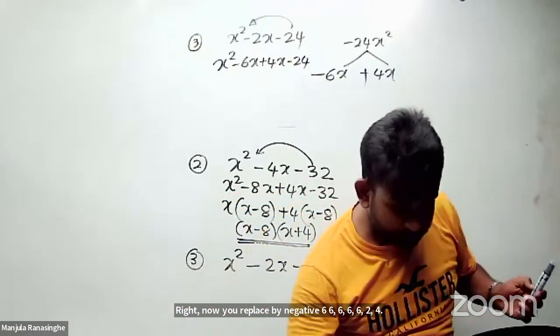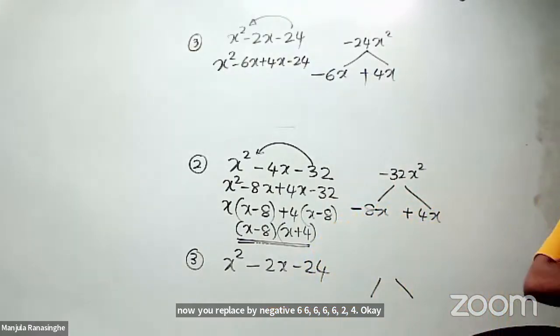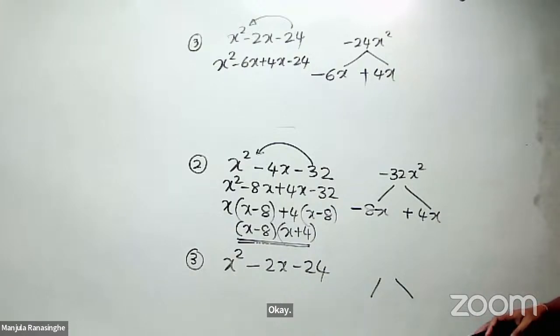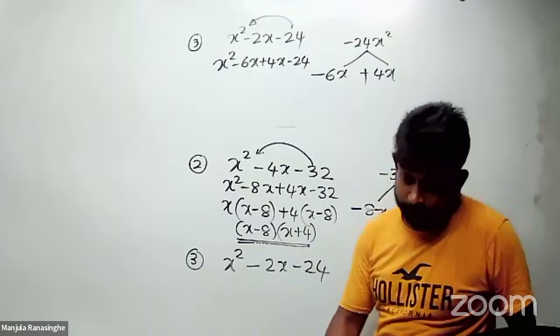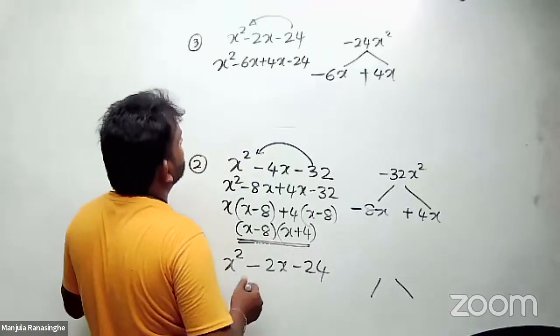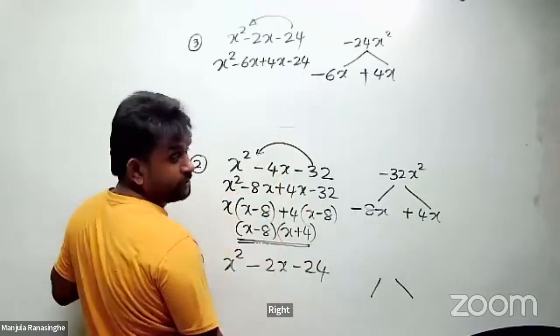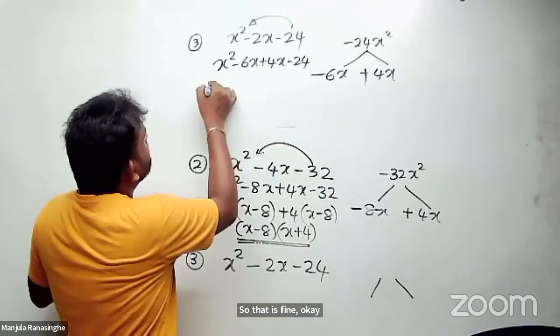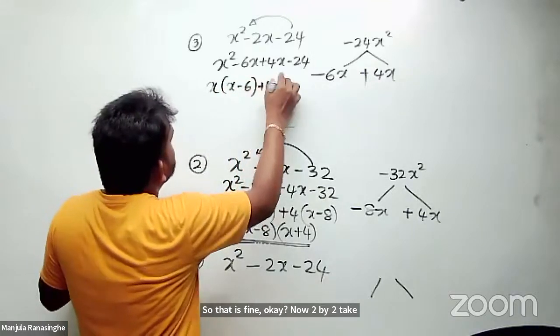Right, so that is fine. Okay. Now 2 by 2 take common x into x minus 6 plus 4 into x minus 6.